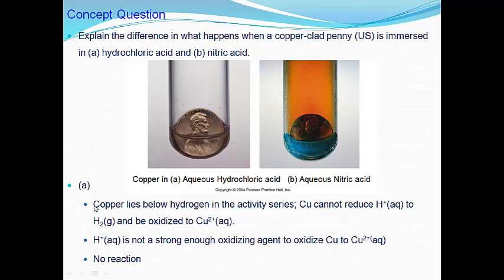So in A, we see that nothing happens. The penny is unperturbed by addition in HCl. But when we add it to nitric acid, we see that a reaction occurs where we form a blue solution, and from our discussions previously, a copper 2+ solution is blue, clearly indicating to us that we have copper being oxidized to copper 2+, but also the evolution of a brown-red, an orange-brown gas.